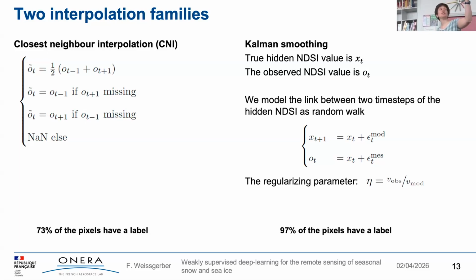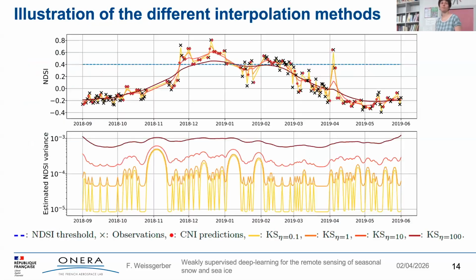And it's basically the ratio between the variances of these two noises that helps us to choose how much to regularize. If the noise of the measurement is really high, then basically we will most likely not trust the observation and follow a smooth line. And on the contrary, if we have a big variance on the model noise, basically we say that our model can change a lot to follow the observation.